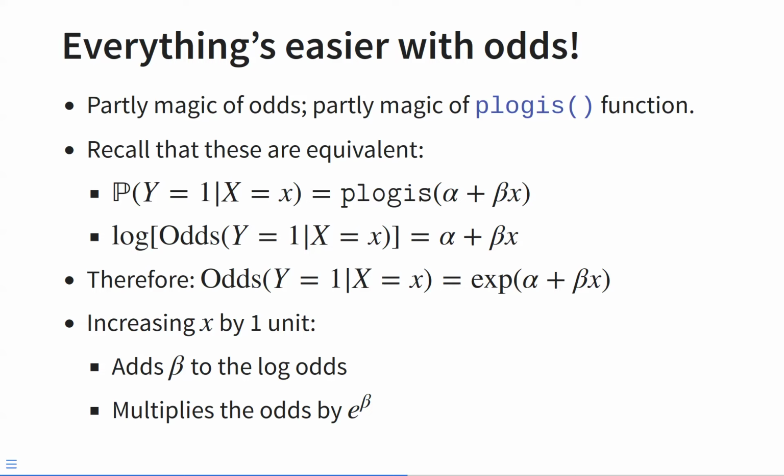So we went from e to the alpha plus beta x to e to the alpha plus beta x plus 1. So now inside of the exp, we've got this extra beta hanging around. And so what does that mean? Well, that's the same thing as multiplying the right-hand side by e to the beta. So on the odds scale, increasing x by 1 unit multiplies the odds by e to the beta.